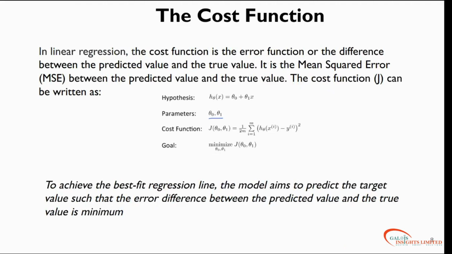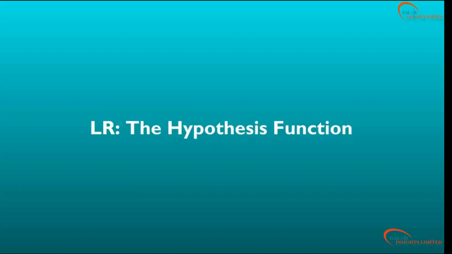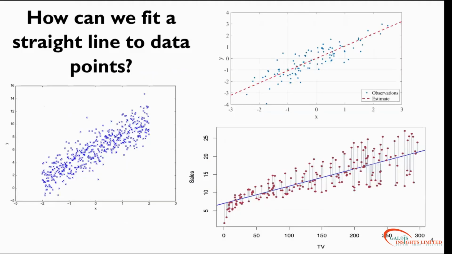So in linear regression, the cost function is simply an error function. The aim here is to minimize the difference between the observed data point and the predicted data point.